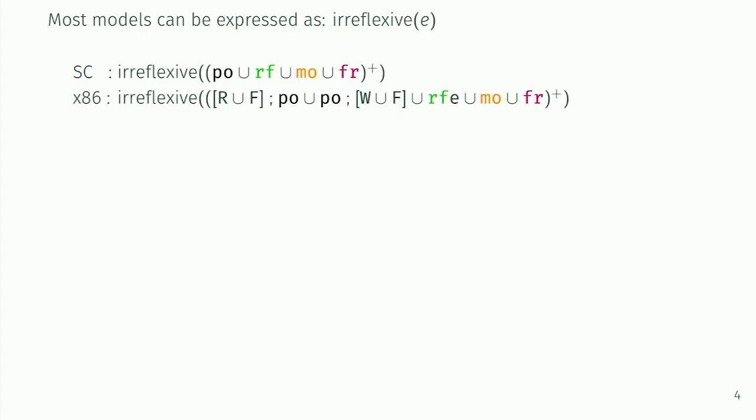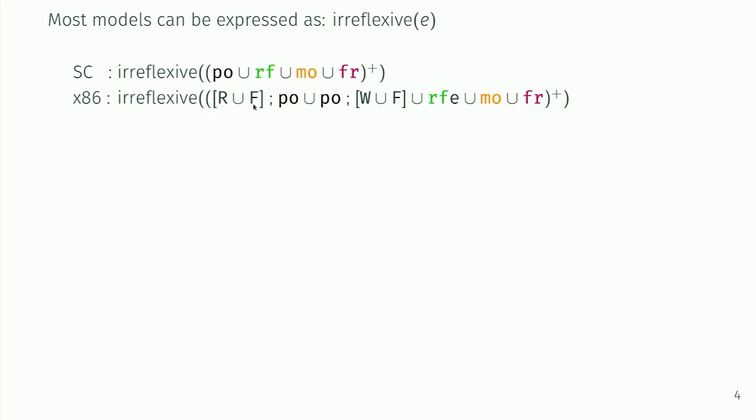So in this declarative framework, most models can be expressed as the irreflexivity of some relation E. For example, sequential consistency demands that this transitive closure here be irreflexive, PO, RF, MO, and FR. The precise definitions are not that important. x86 is slightly more complicated. As you can see, it does not include PO, but it includes some restrictions of PO. So this here says PO starting from a read or a fence.